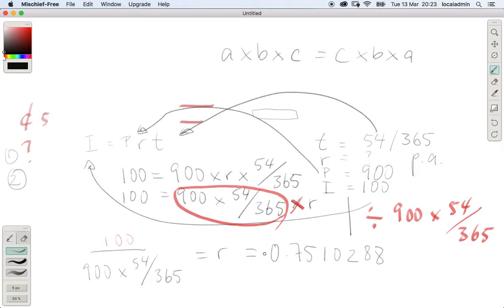Right now it's a fraction, so we multiply by 100. So we're doing the other way around, which happens to be 75.10. Remember, we wanted to have it to 2 decimal places, so 1, 2, and the 2 means that we are rounding this one up to 0 as it is. So the correct answer is 75.10%, which is a very, very big interest rate.